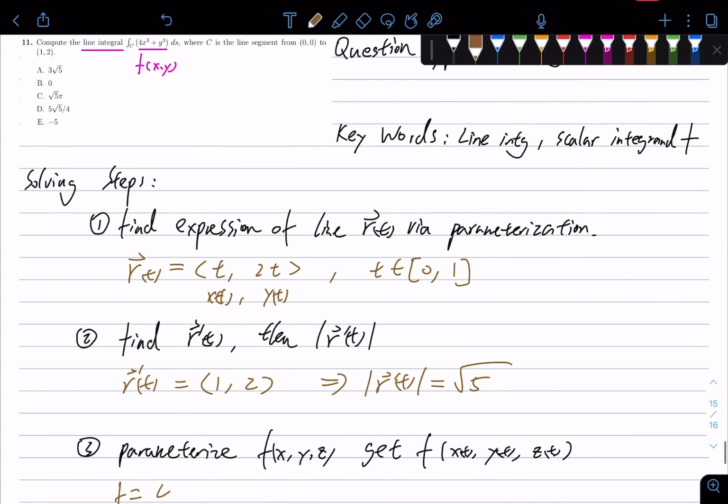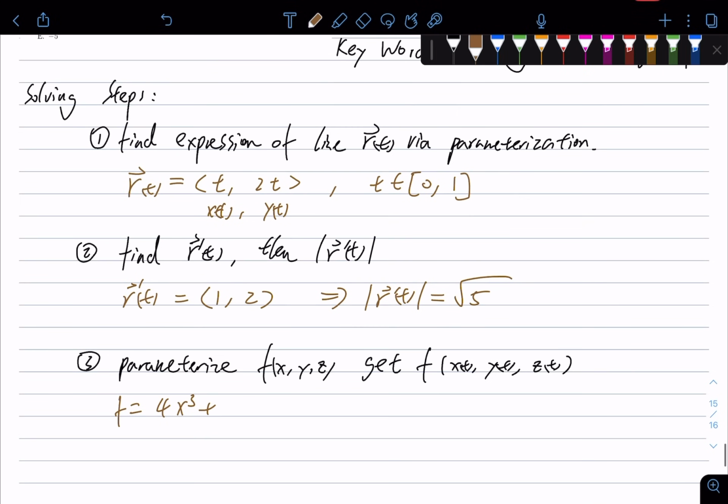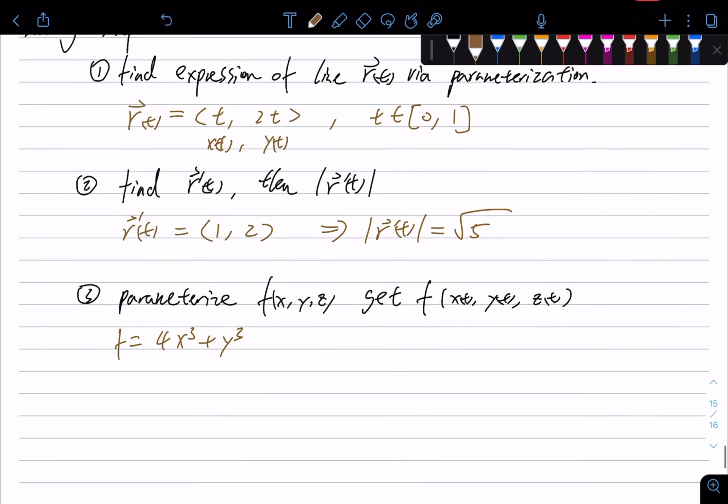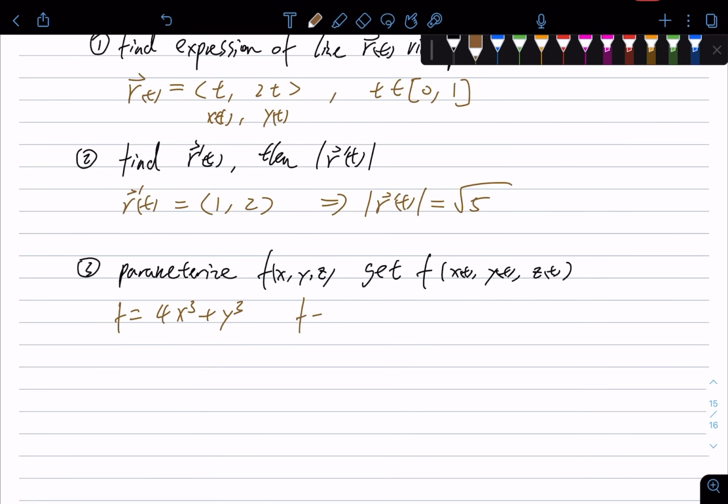F is 4x cubed plus 3y cubed, right? So then f of x of t, y of t, z of t, which is just f of t, right?